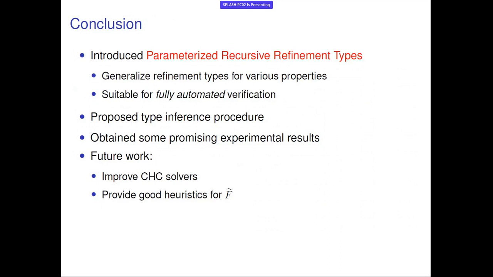Thanks for your talk. I was wondering if your technique could handle mutations in the data structure, or is it only for functional programs? Can you handle side effects, like can you mutate the lists in place, or can you handle only purely functional programs with your technique?